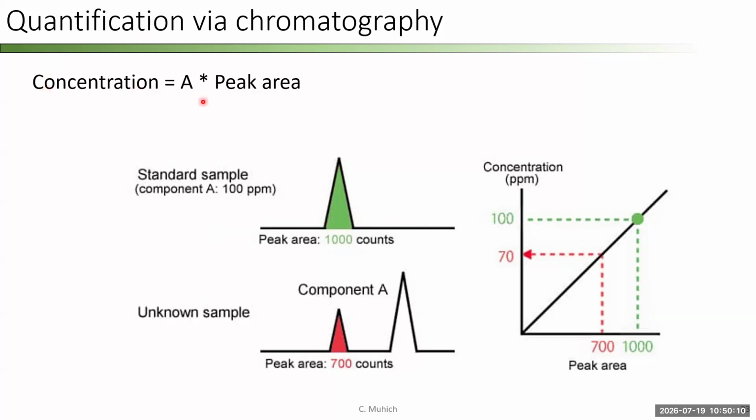Because the concentration is a linear relationship with the peak area, I can take this area under the curve, plot the area versus concentration in my standard, and then when I have my unknown sample, all I have to do is take the area under the curve, go up to wherever the line is, and I can read off what the concentration was in my sample.